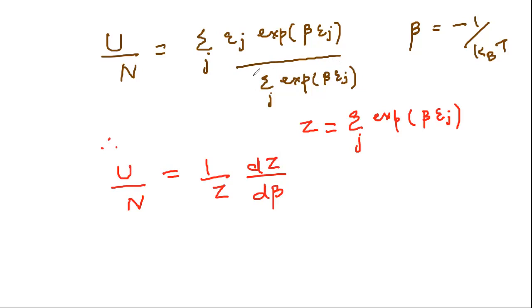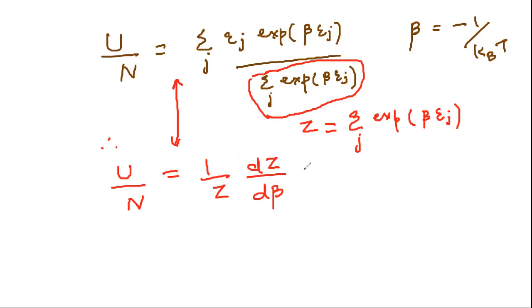This thing in the denominator here is Z. So it is 1 over Z. It's clear. Then when you differentiate Z with respect to beta, you get your numerator. So this expression is same as this. We can rewrite this expression in this form.